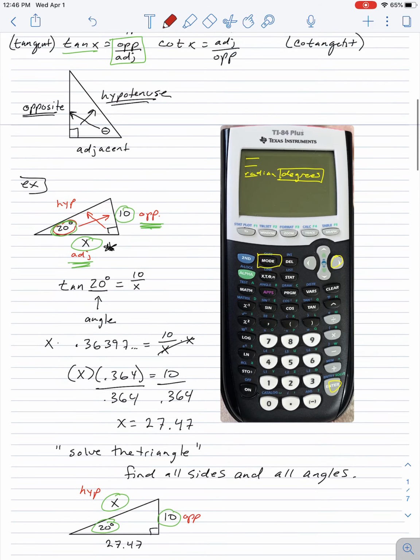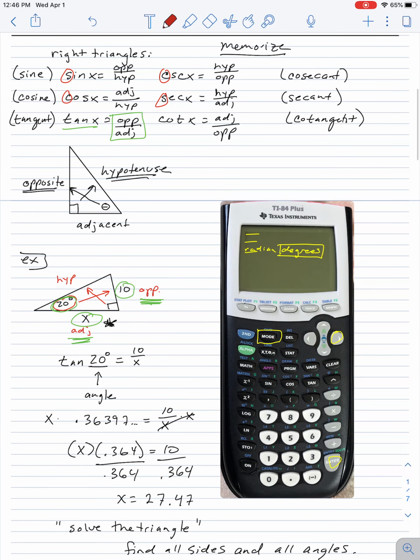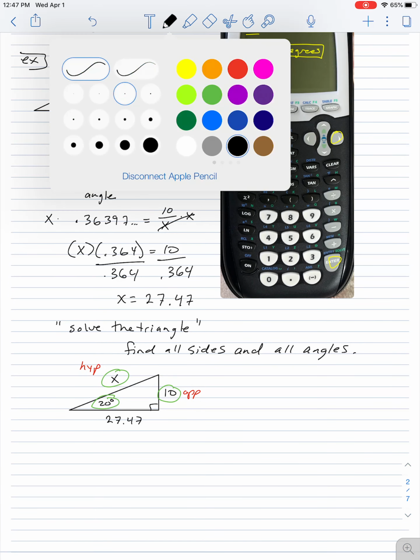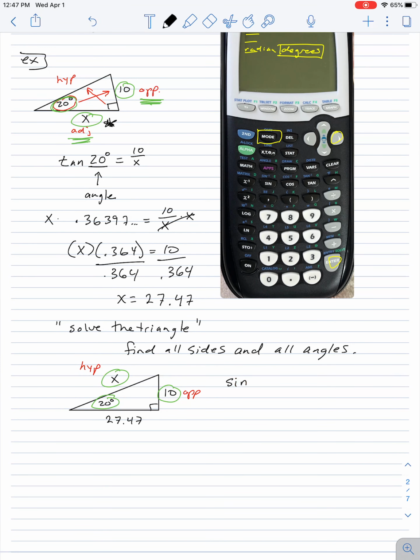And if I go up to my trig functions, I see that that is hypotenuse and opposite is right here. It's the sine function. So now I'm going to write my equation using sine. Sine, the angle always goes next. Sine of 20 is the opposite over hypotenuse. So this will be 10 over x. Okay, I'm going to multiply through by x.